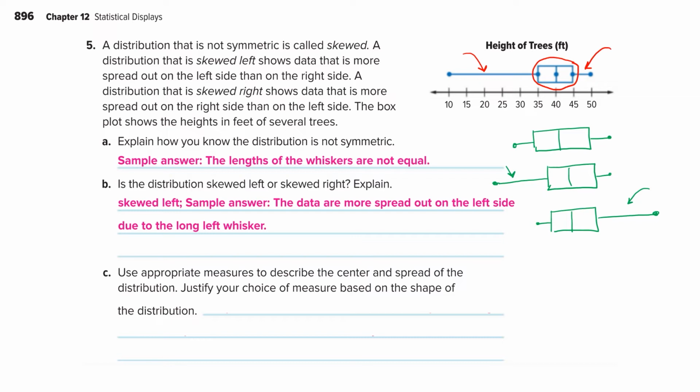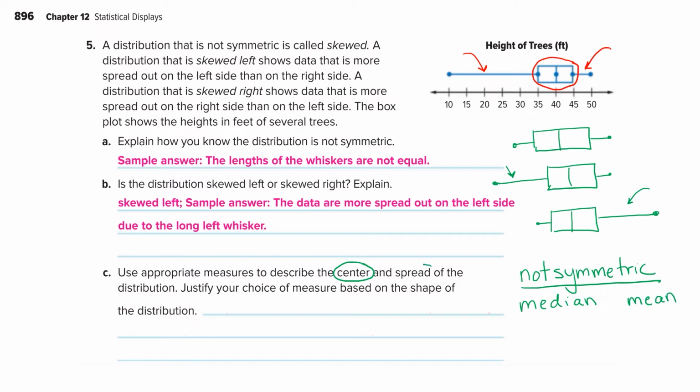Question C. Use appropriate measures to describe the center and spread of the distribution. Justify your choice of measure based on the shape of the distribution. This graph is not symmetric. So our choices of center are median and mean.